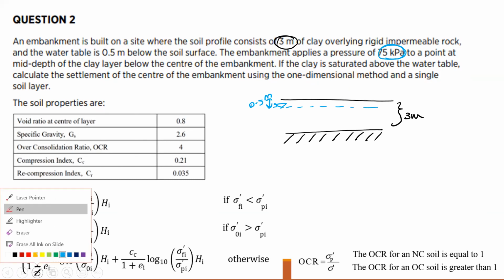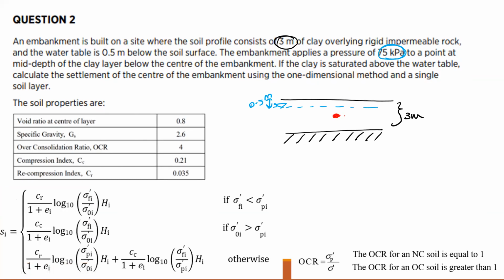It is the stress at this point, isn't it? Am I right? It is applying 75 kilopascals because whatever the stress here will be transferred, and it is applying 75 kilonewtons up here, on the clay layer below the center of the embankment.